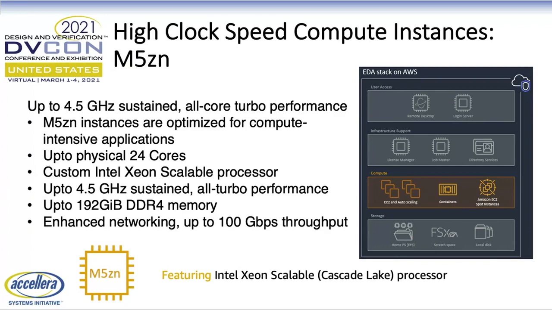These come in different instance sizes as well. So at the largest size, you can have up to 24 cores and up to 192 gigabytes of memory. And they have enhanced networking up to 100 gigabits per second of throughput.